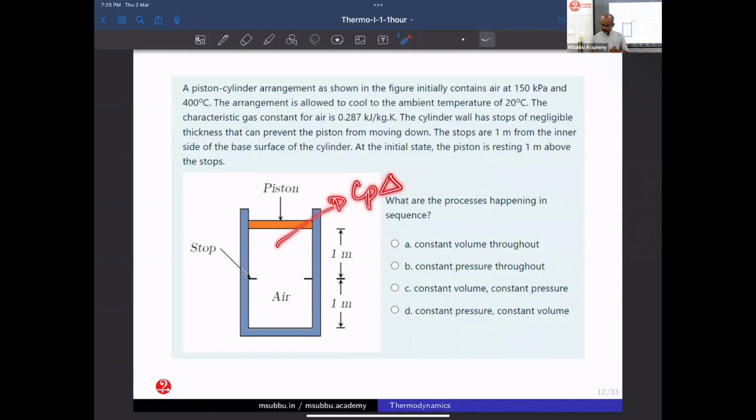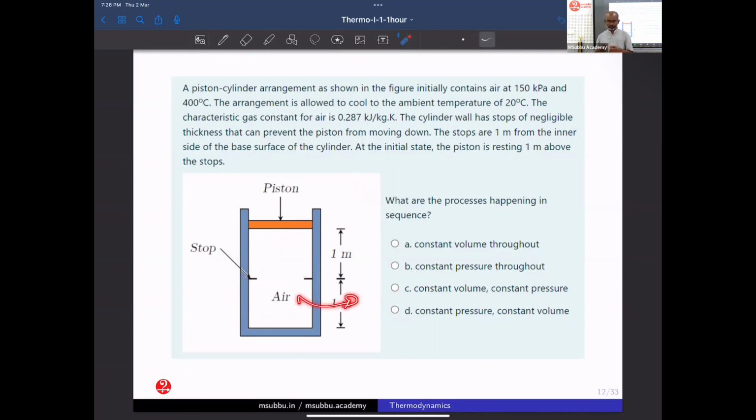That is equal to Cp delta T. Whereas once it touches the stopper and the further process happens at constant volume, of course the pressure of the air will be changing. Though there is a pressure difference between the outside and inside, that cannot have any effect because the stopper is now preventing movement.